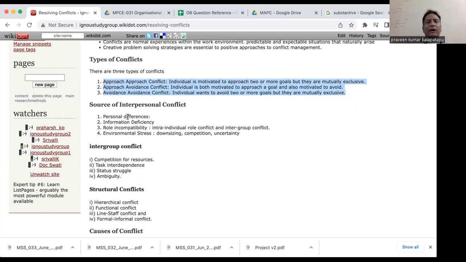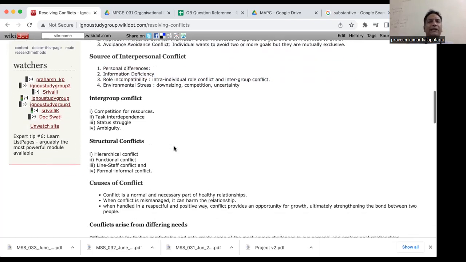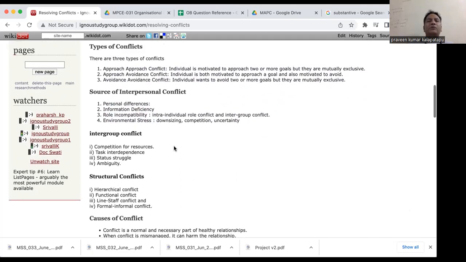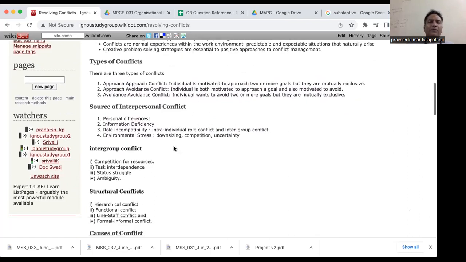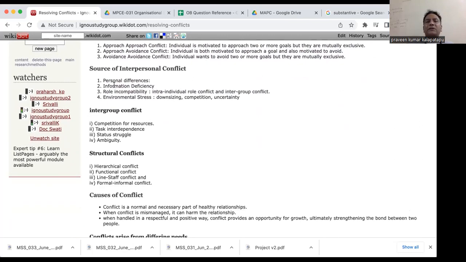Now going into the sources of interpersonal conflicts, right? What exactly are the sources when it comes to conflict between individuals? Conflict could happen because of personal differences. It could be misinformation. Basically, there is some information which is missing, hence there is a conflict.